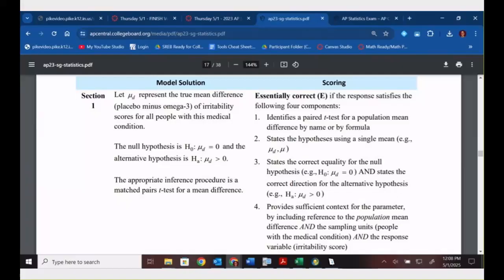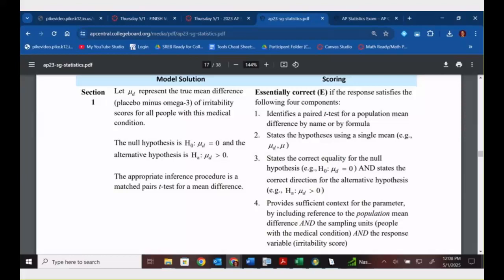You identify a paired t-test, matched pairs or paired t-test for a population mean difference by name or formula. Stating the hypothesis using a single mean, so using mu diff, not mu1 minus mu2, is component 2. States the correct equality for the null hypothesis, so the null hypothesis is that mu diff equals 0, and states the correct direction for the alternative hypothesis. Alternative hypothesis is that mu diff is greater than 0.